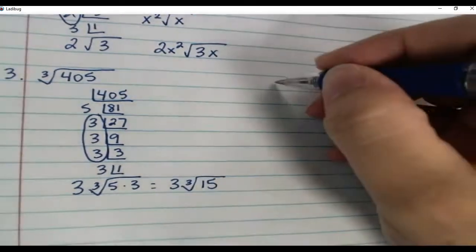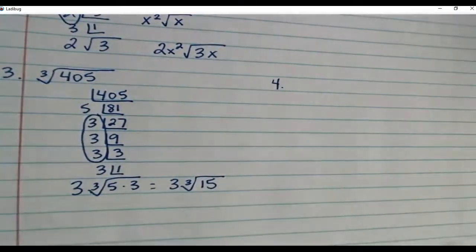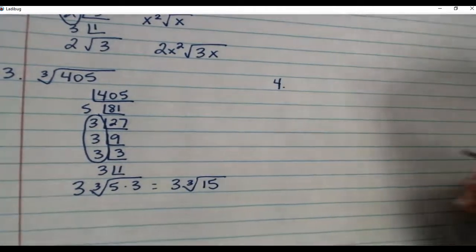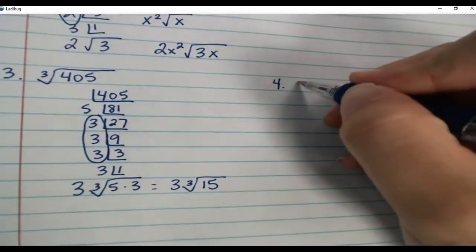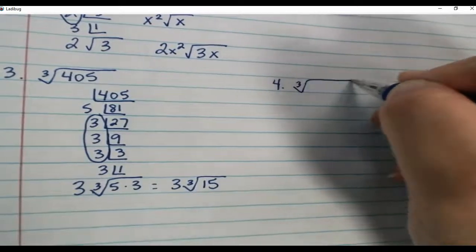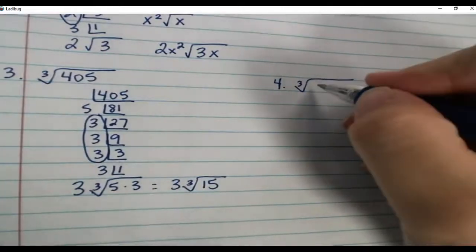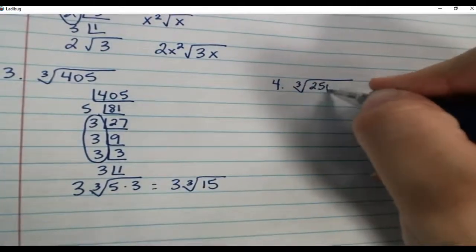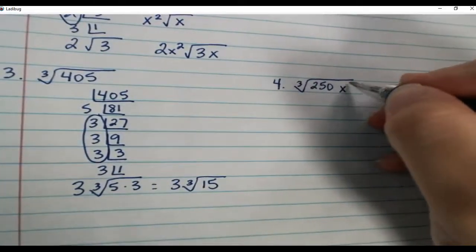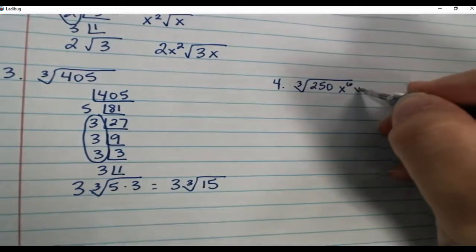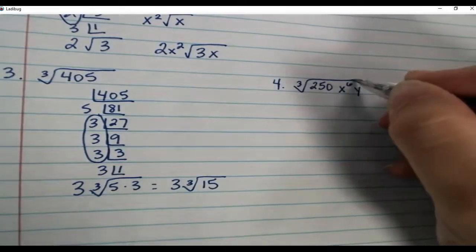Okay. Let's add in some variables then. So, let's say we had the cube root of 250 x to the 6th, y to the 4th.